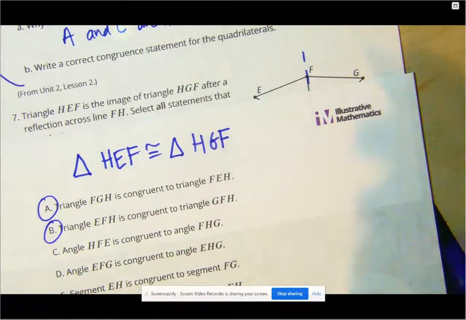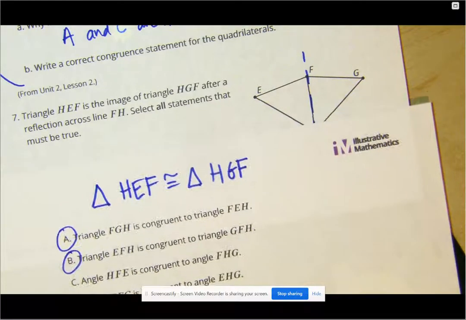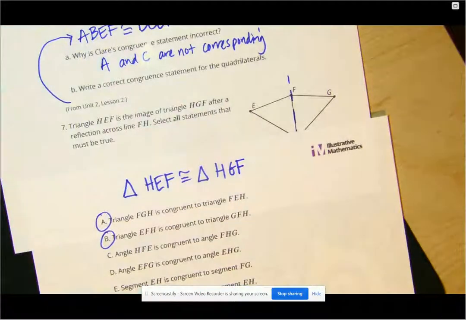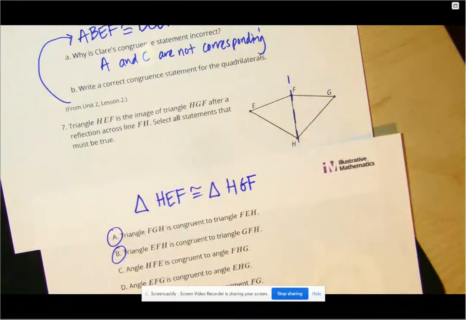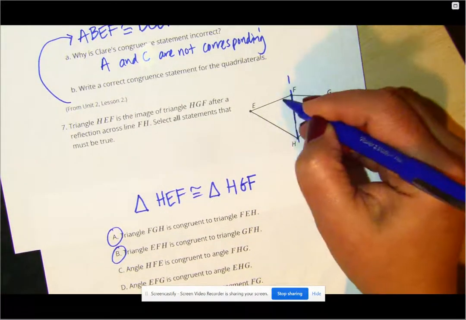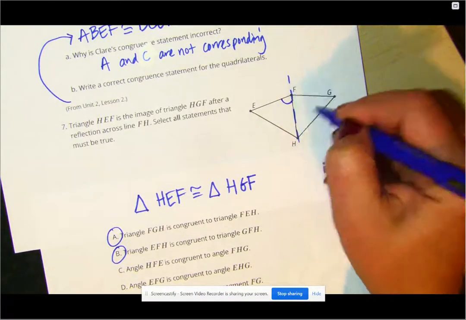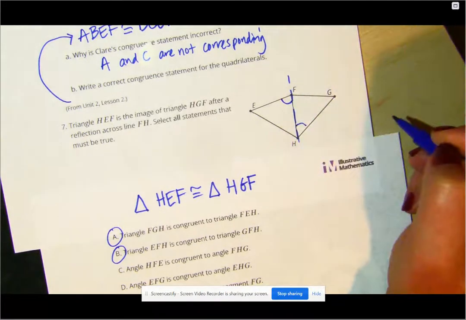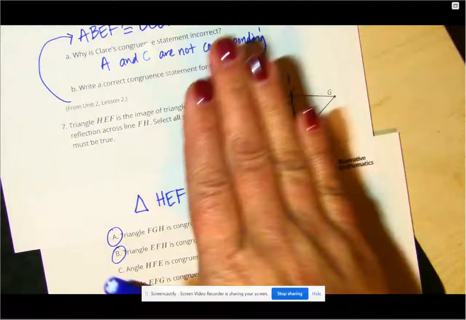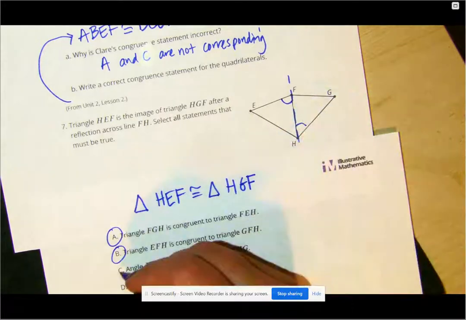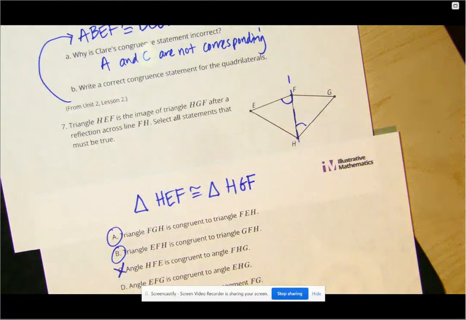Oh, now we're on angles. Whoops, I might need the diagram for this. Let's look. Zoom out a little bit. Angle HFE is congruent to FHG. FH, that's down there. That's been rotated, or excuse me, reflected. That would be right there. No, we could look at the letters for that one too.